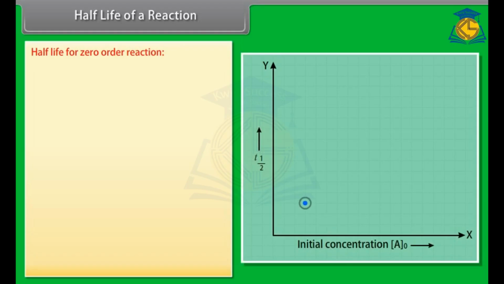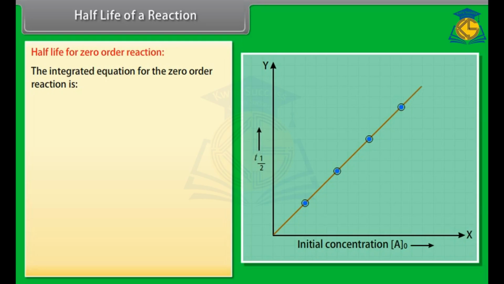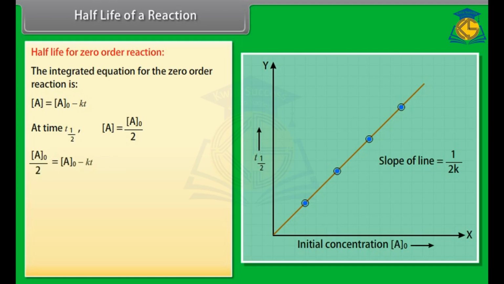Half-life for zero-order reaction. The integrated equation for the zero-order reaction is A is equal to A naught minus kt. At time t half, A is equal to A naught by 2, or A naught by 2 is equal to A naught minus kt, or kt half is equal to A naught by 2.